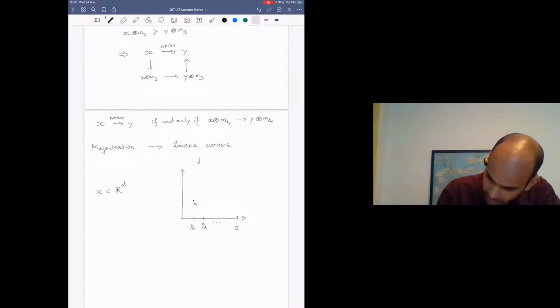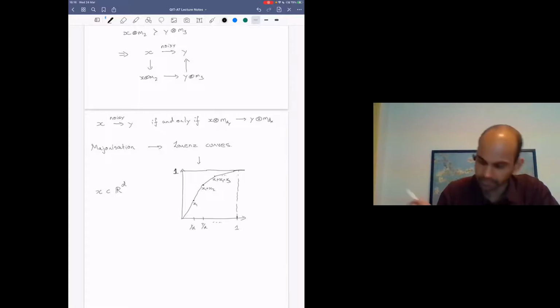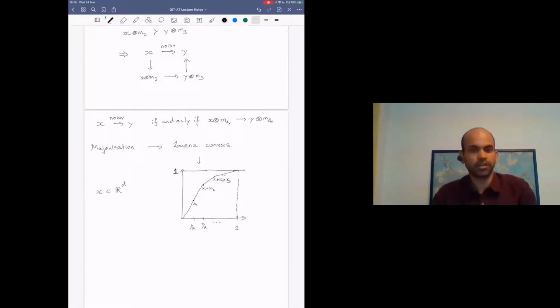So this was x1, this was x1 plus x2, and then x1 plus x2 plus x3, so on and so forth. And of course, at some point, they would add up to 1 because they're all probability distributions. So you would get a curve that went something like that and eventually got to 1. So this was a Lorenz curve.